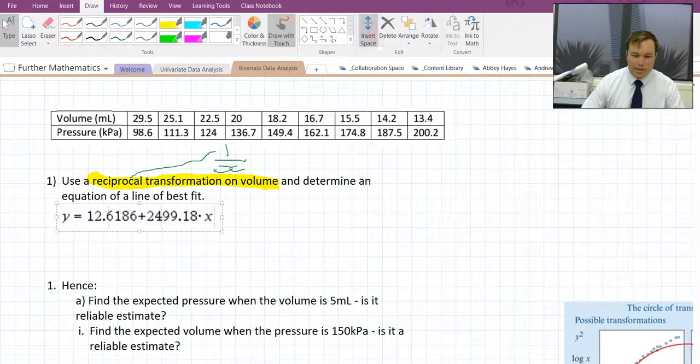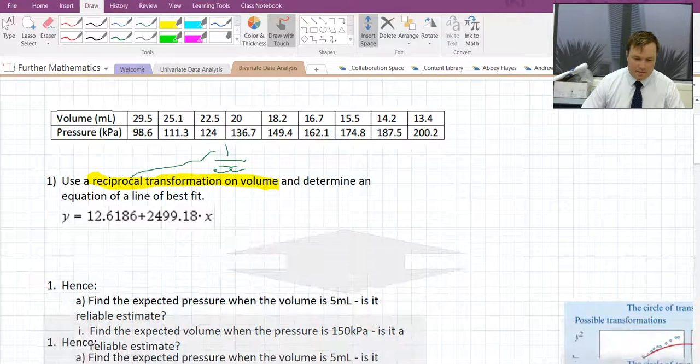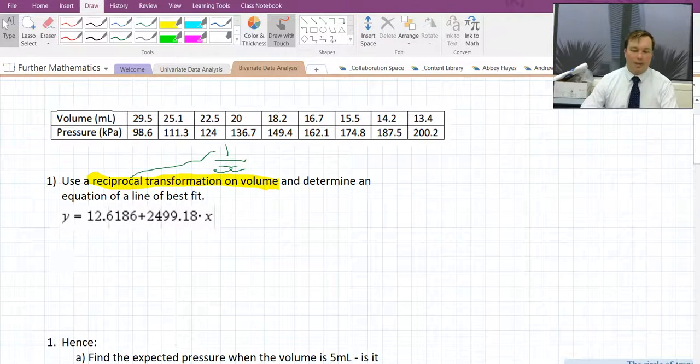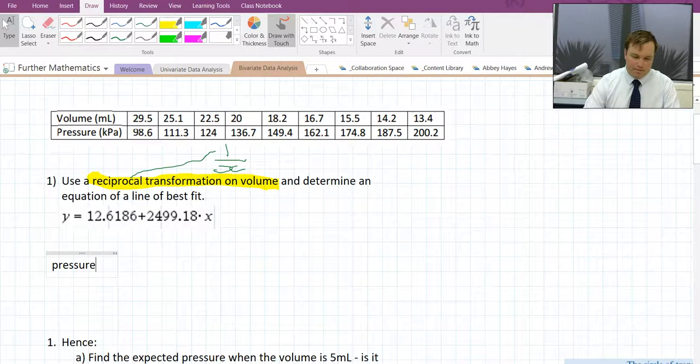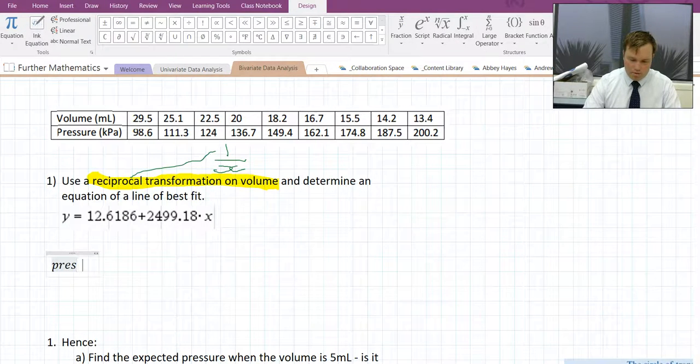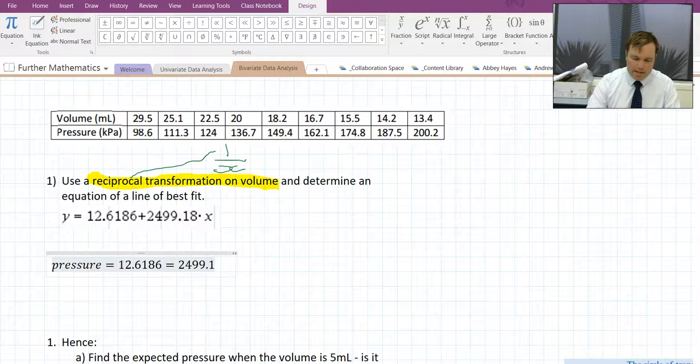but that won't get you the answer. And I can't stress this enough. Y equals yada yada yada will not get you the answer, because y doesn't mean anything, really. Pressure. I'll do it in the other. Pressure is equal to 12.6186 plus 2499.18.